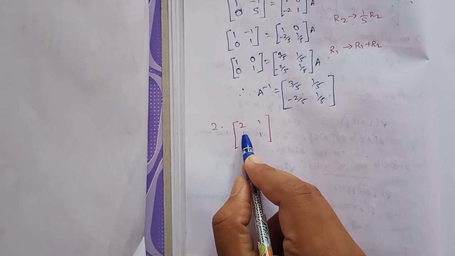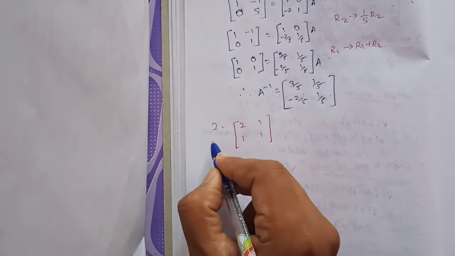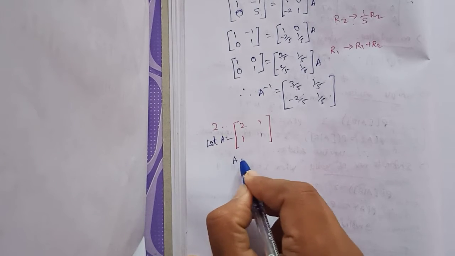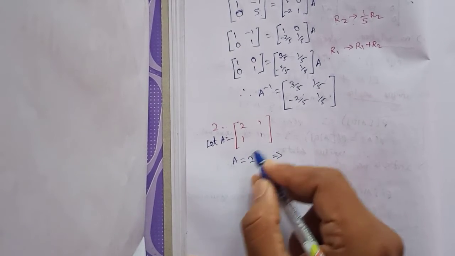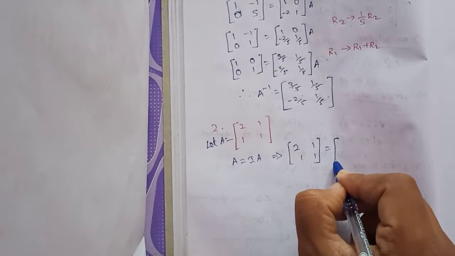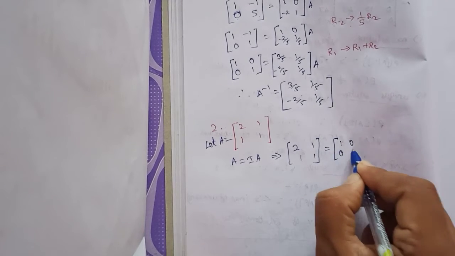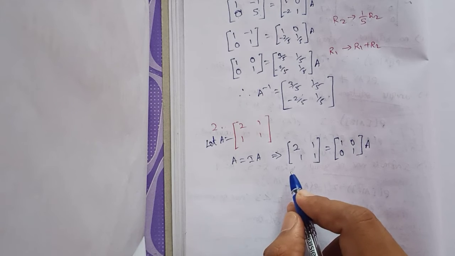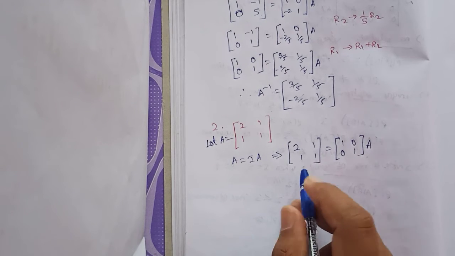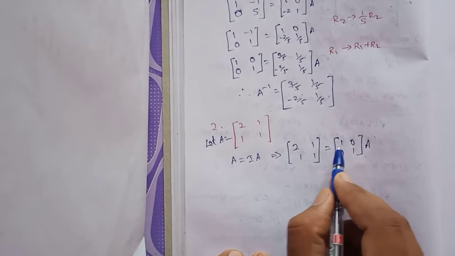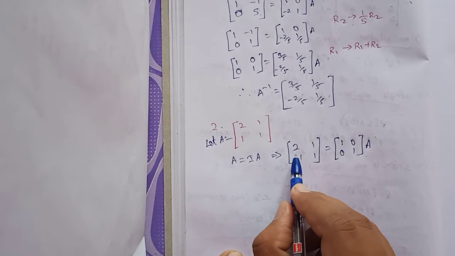The second problem, 2, 1, 1, 1. Let A equal to this matrix, and consider it in this format: A equal to I into A. You can apply the values: 2, 1, 1, 1 equals the identity matrix of order 2, 1, 0, 0, 1 into A. You can use elementary row transformation or column transformation, and we get I equal to B A format. In the identity matrix, the first element is 1 but we have 2, so we convert it to 1.